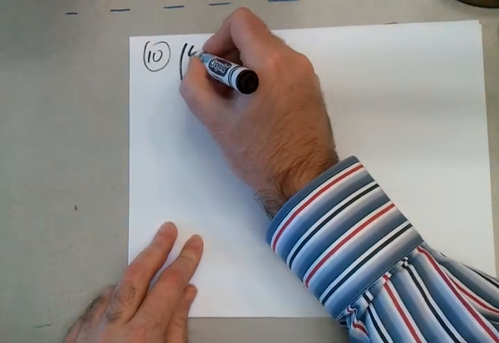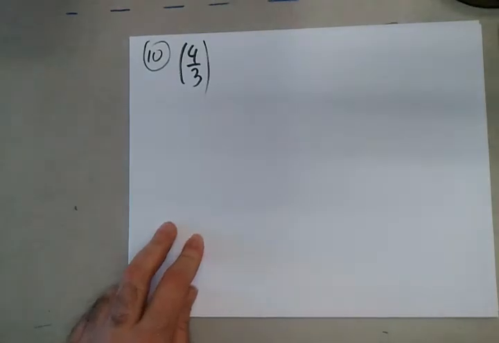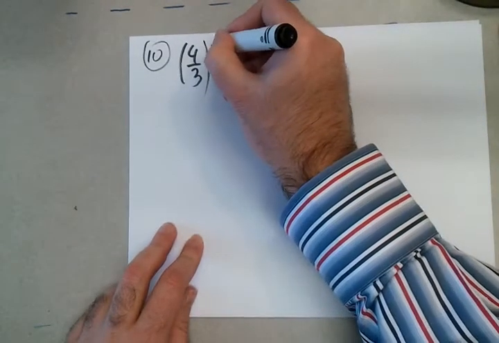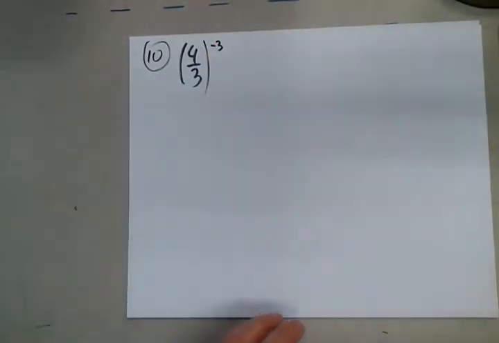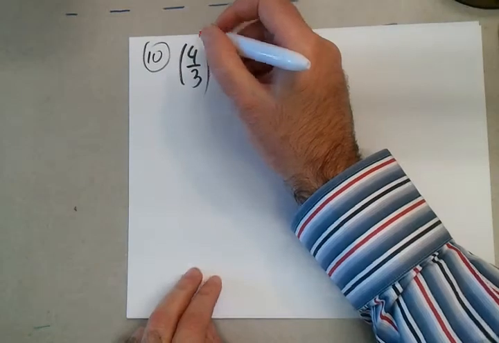So problem number 10, you have a fraction, specifically 4 over 3, all taken to the power of -3. So this is similar to problems we've done in the past. You have an external exponent of -3, and you have a pair of bases, specifically the base 4 and the base 3, and each of those have powers of their own.